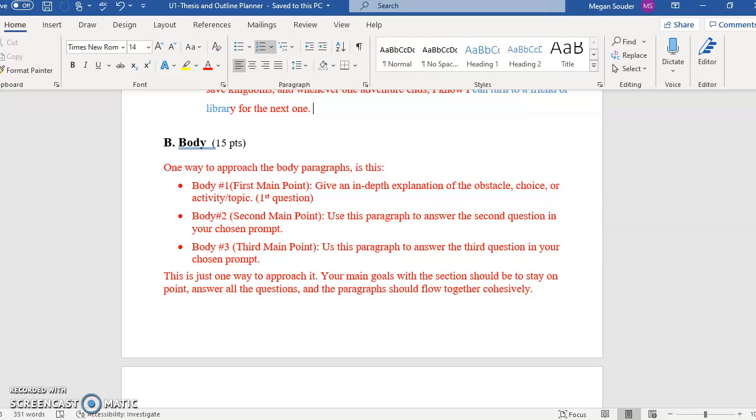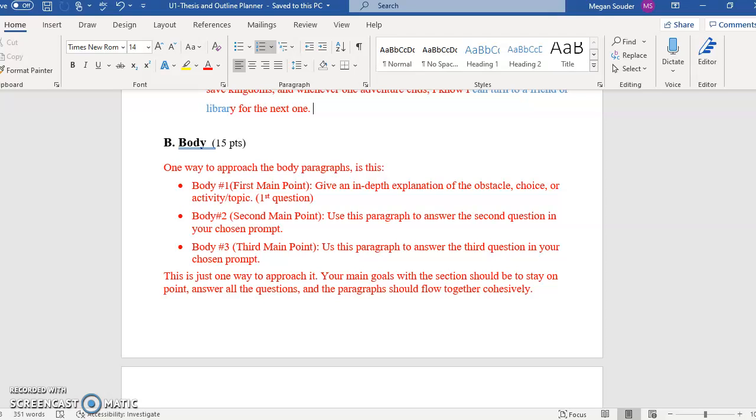And if you're doing prompt 3, this is where you're going to talk specifically about you and how that activity affects, and it captivates you. Like in body 1, you're just explaining the activity more. Body 2, you're redirecting it back to yourself. Then body 3, again, depends on the question from your prompt.